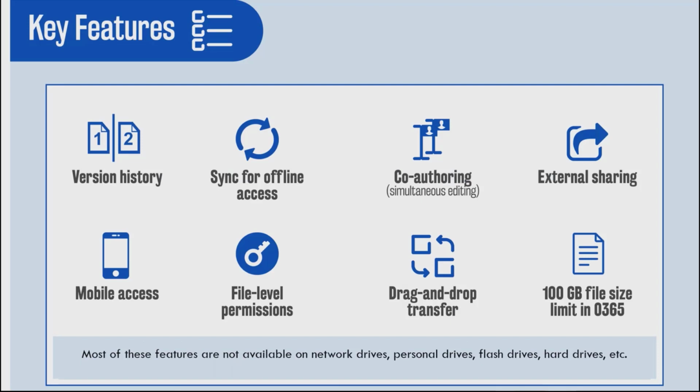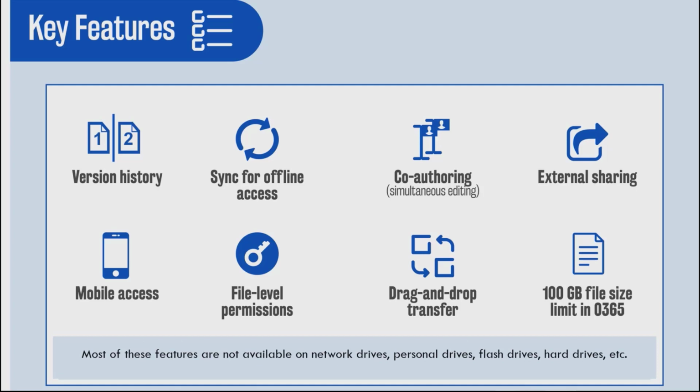This next slide gives you kind of an overview of the various features and functions that are provided to you if you're storing your files in OneDrive or Teams. If you're just storing your files on a network drive somewhere or a personal hard drive or a USB device, you're not going to have these capabilities. They just don't exist.